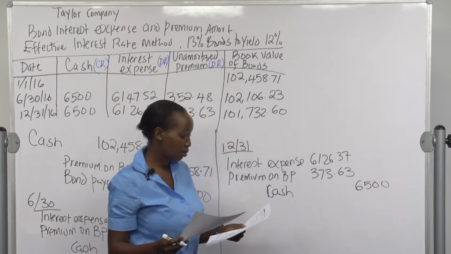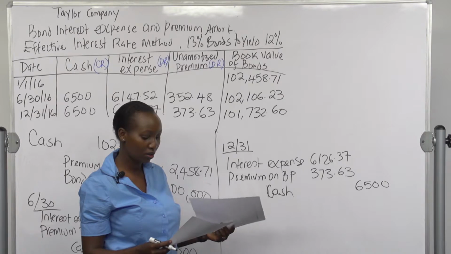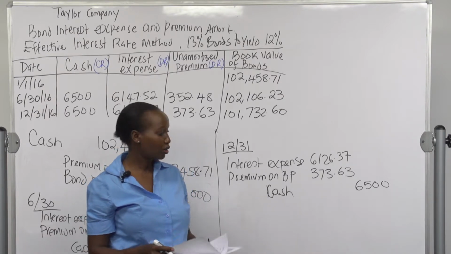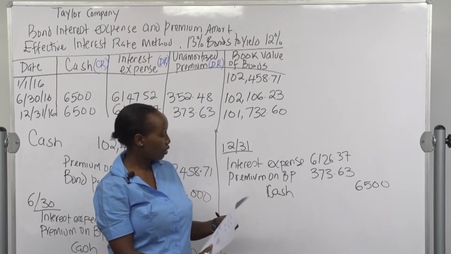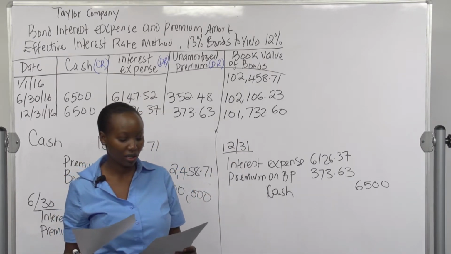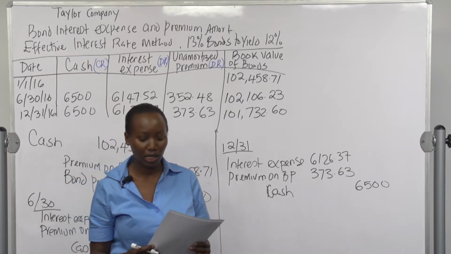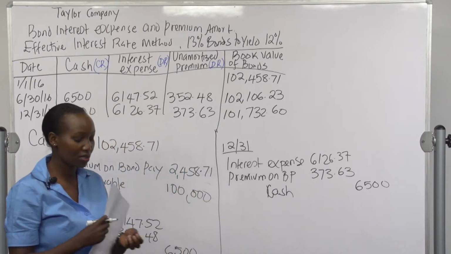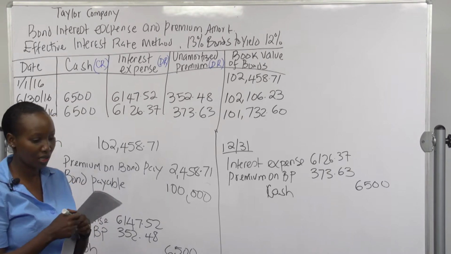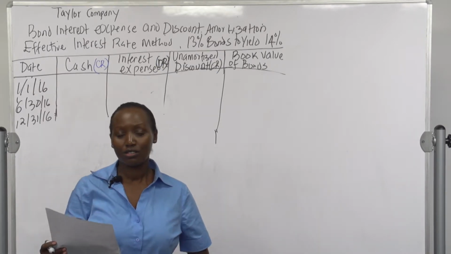Let's pause for a moment, and then we'll start on the alternative scenario where this was sold at $97,606.71.